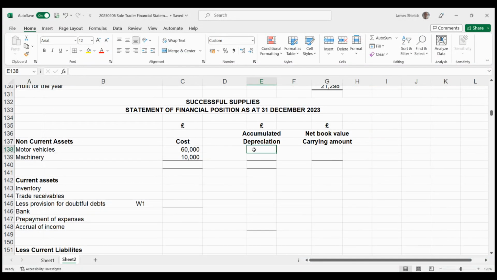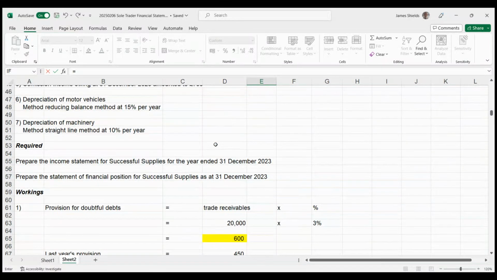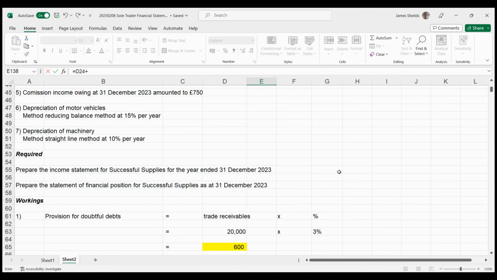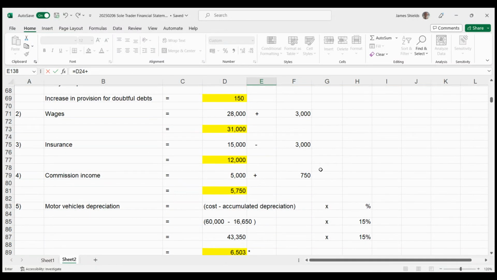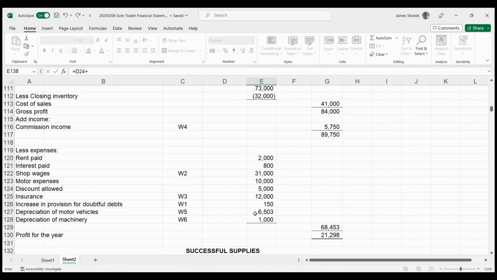So for motor vehicles, the provision in your trial balance was, we go back to the trial balance, motor vehicle provision for depreciation was £16,650. Then we add on the depreciation in your income statement, which I've got a star next to there, but I'll go directly to the income statement, it's easier to look at. So that's £6,503 there.